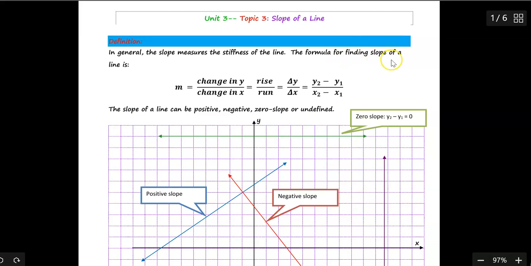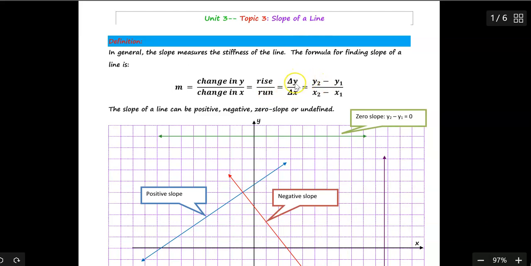The formula for finding the slope of a line is m, which is the notation for the slope. Remember that m is the lowercase m. The lowercase m represents the change in y divided by the change in x, or what we usually call rise over run.